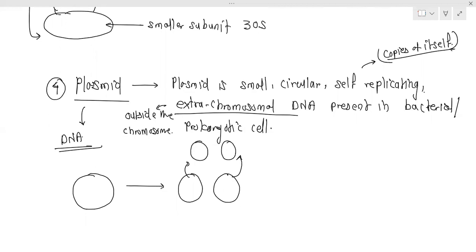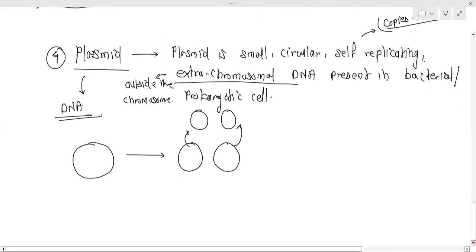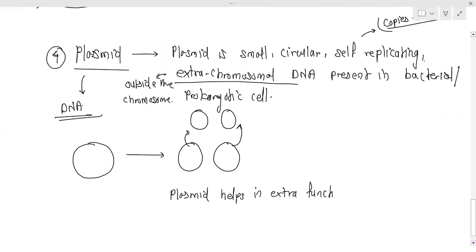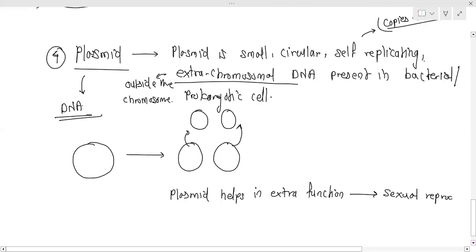Plasmid helps bacteria in extra functions, like sexual reproduction, because bacteria otherwise don't do sexual reproduction. But if bacteria need to do sexual reproduction, they need plasmid.